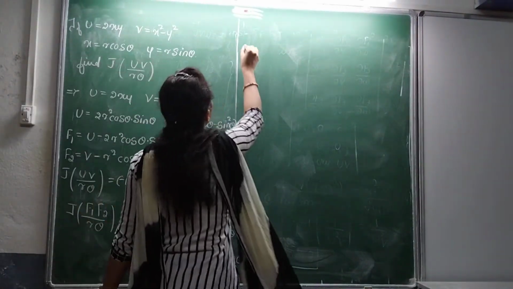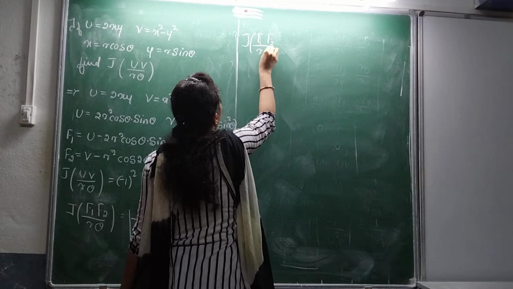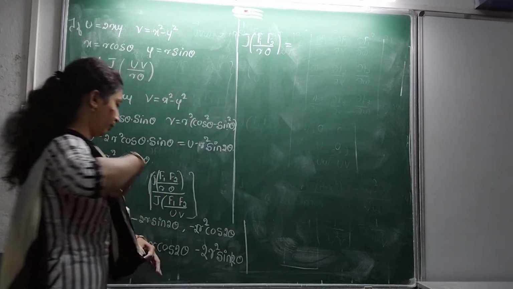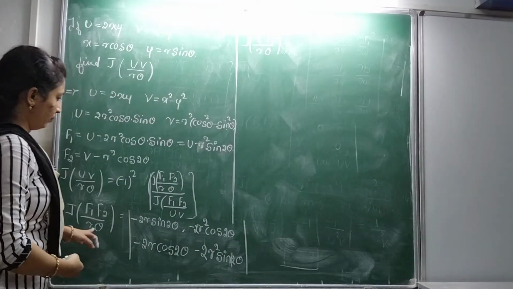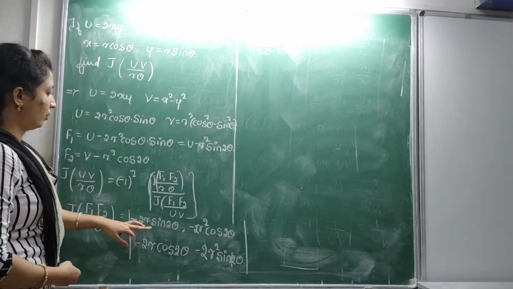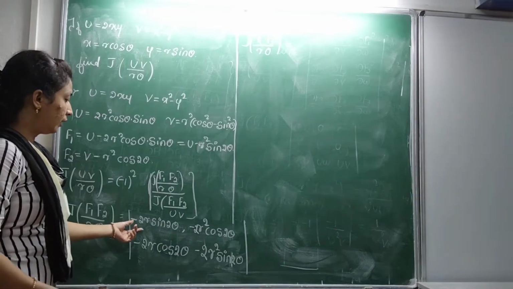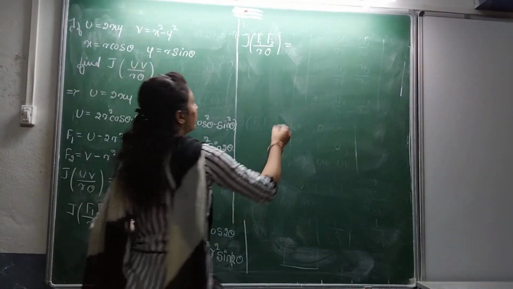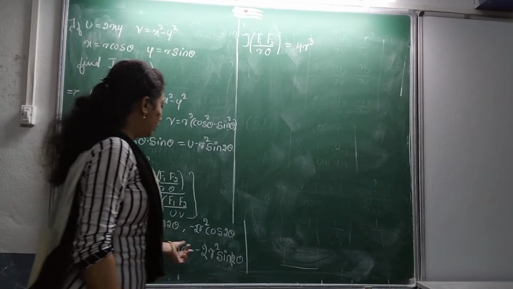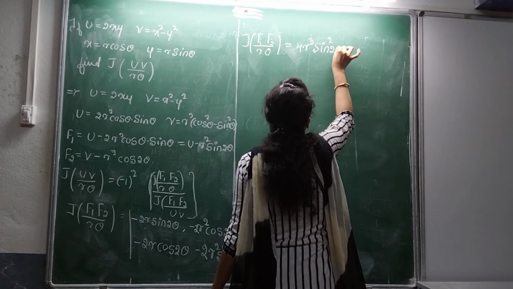Then further simplification, Jacobian of f1 f2 with respect to r theta is equal to, cross multiply the terms, then it is minus into minus becomes plus 4r cube sin 2 theta into sin 2 theta. This will be sin square 2 theta.